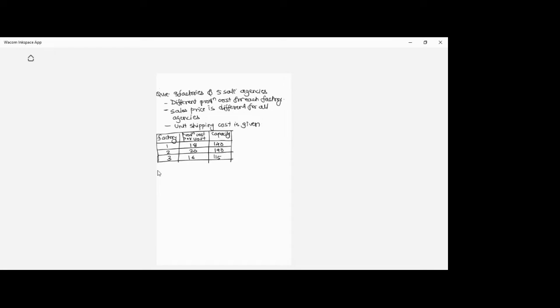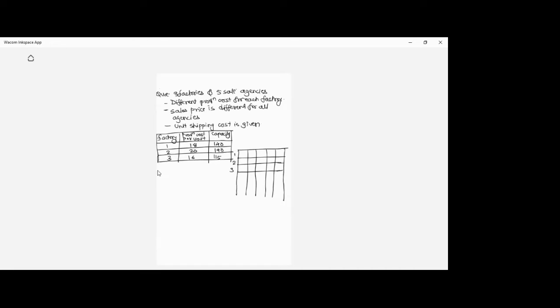So they have also given some extra information. These are the three factories, and the shipping cost is given like this.